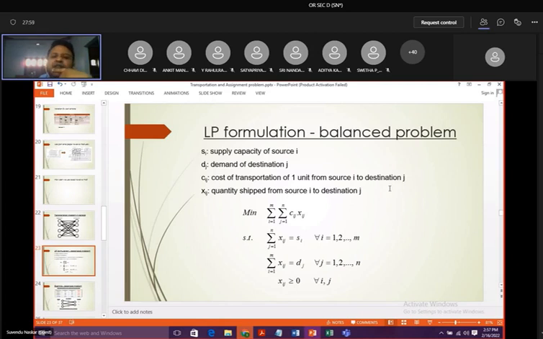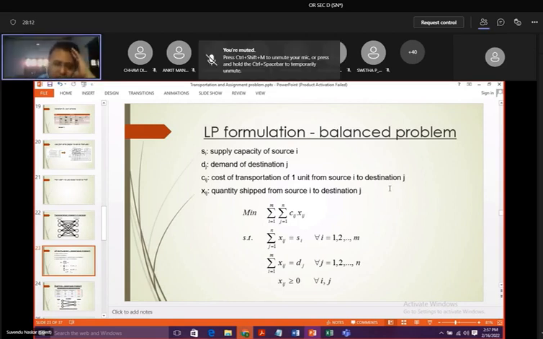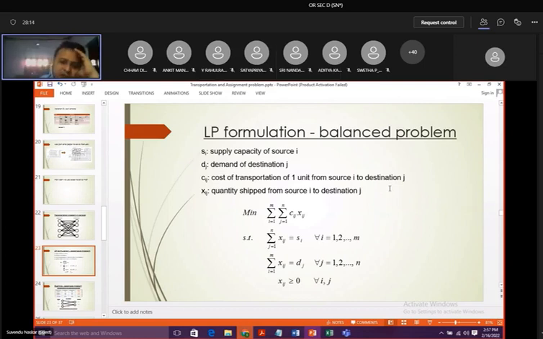Xij is the quantity shipped from source i to destination j. So you will have the first objective function that we were talking about: minimize the summation of Cij Xij, i over 1 to m, j over 1 to n, where m and n are the number of sources and number of destinations. Okay, so what was my number of sources?